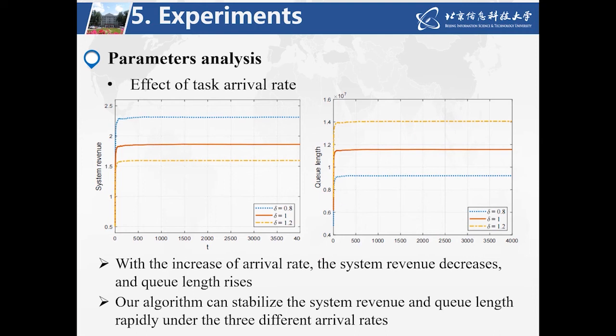We can see that with the arrival rates increasing, the system revenue decreases and the queue backlog increases. What's more, we can see that with different arrival rates, the RMOA algorithm can always stabilize the system revenue and queue backlog rapidly. It shows that RMOA can adapt to the different task arrival rates.